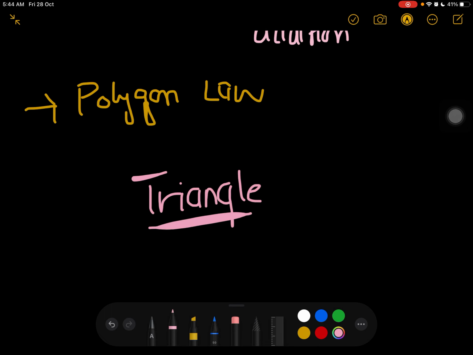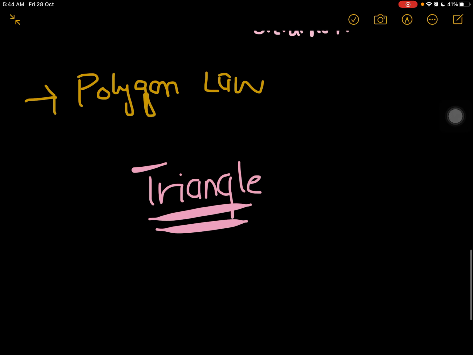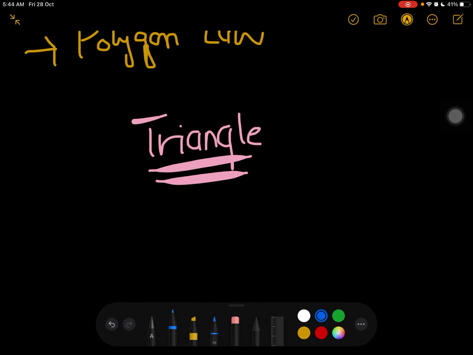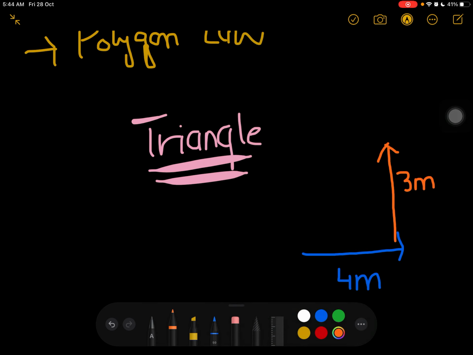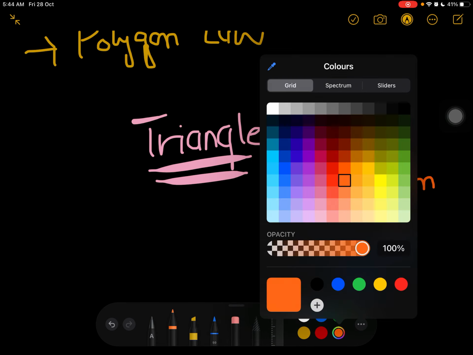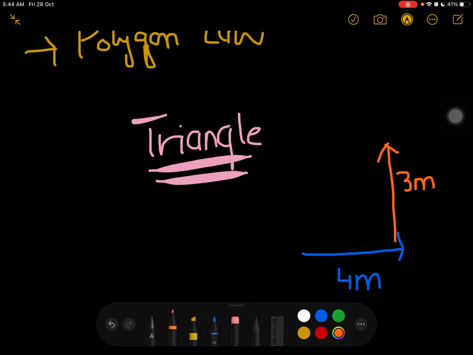So in triangle law, what we actually do is consider this is a triangle, this is 4 meter, and there is another vector moving upside that is 3 meter. So now, if you want to add these, what will happen if two vectors are represented by two sides of a triangle, right?